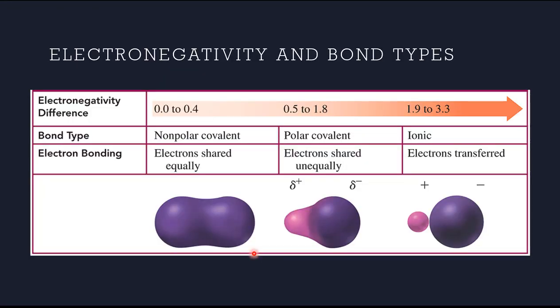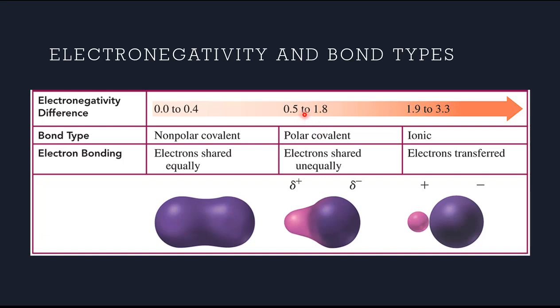So we can look at these electronegativity differences if we look at electron density maps between the two atoms within a covalent bond. So again, if we have nonpolar covalent with an electronegativity difference of 0 to 0.4, you can see here that our electrons in this electron density map are shared pretty evenly across the two atoms that are in that covalent bond.